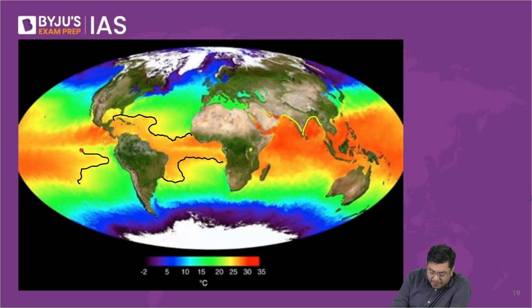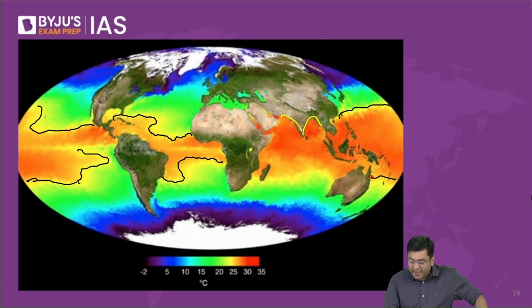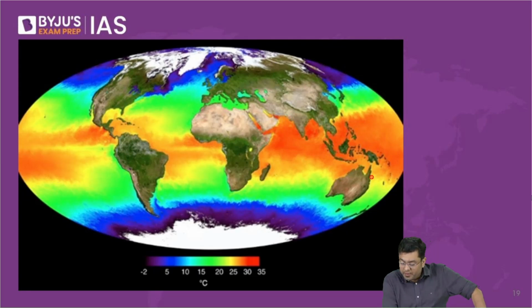Then observe here, if you can notice carefully, are you able to spot a pattern of warm water here at the equatorial region? Here also, are you able to spot a pattern?